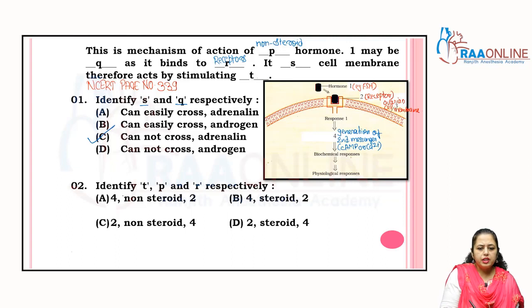So identify the T, P and R respectively. T is 4, that is generation of second messenger, P is non-steroid, and the second one is the receptors, clear? So this is the answer according to that diagram.